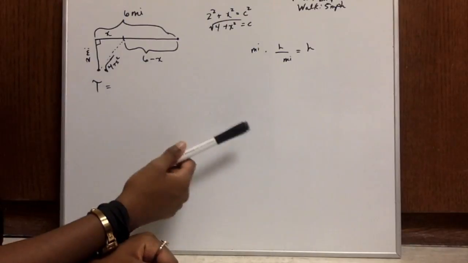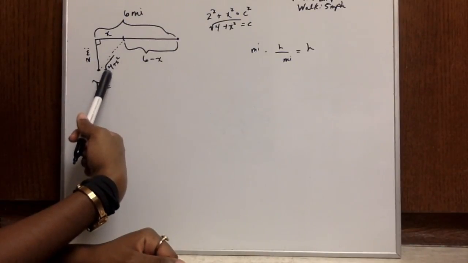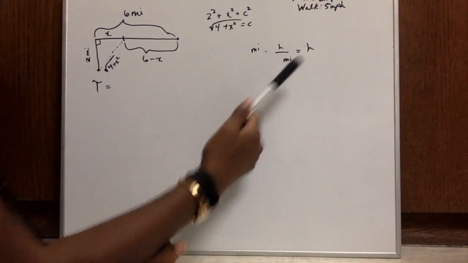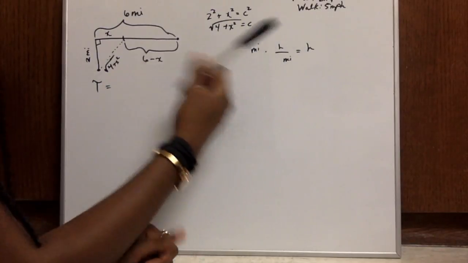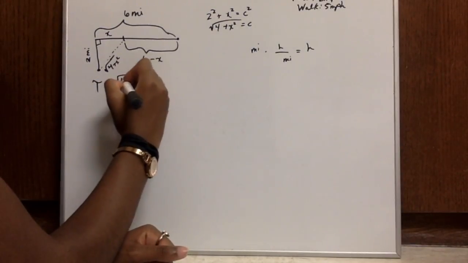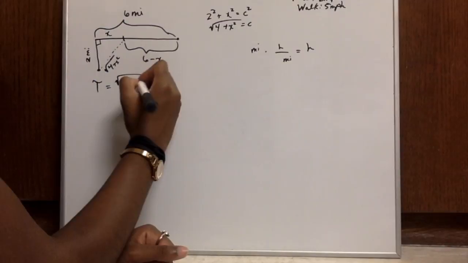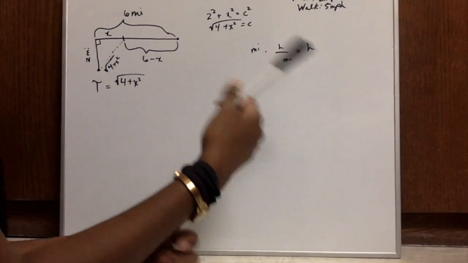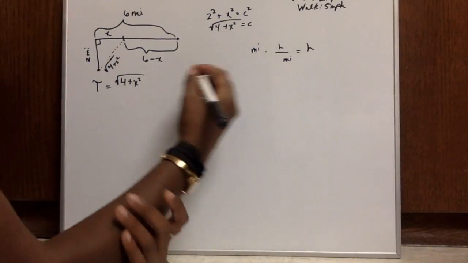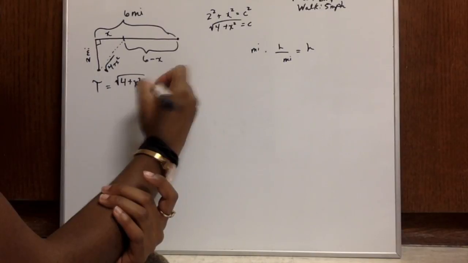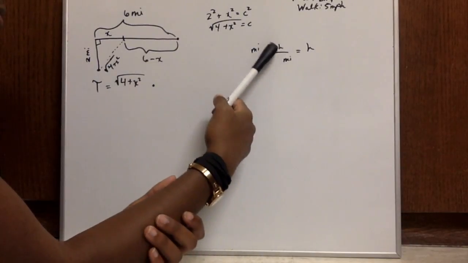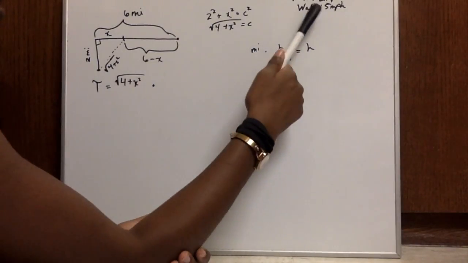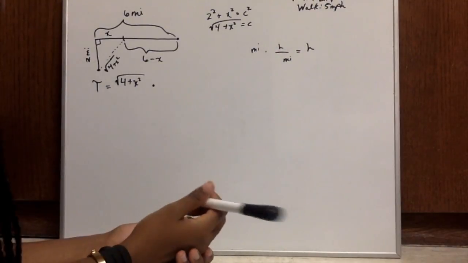So her rowing time is going to be the radical 4 plus x squared, times the reciprocal of her miles per hour. She rows at a rate of 2 miles an hour.